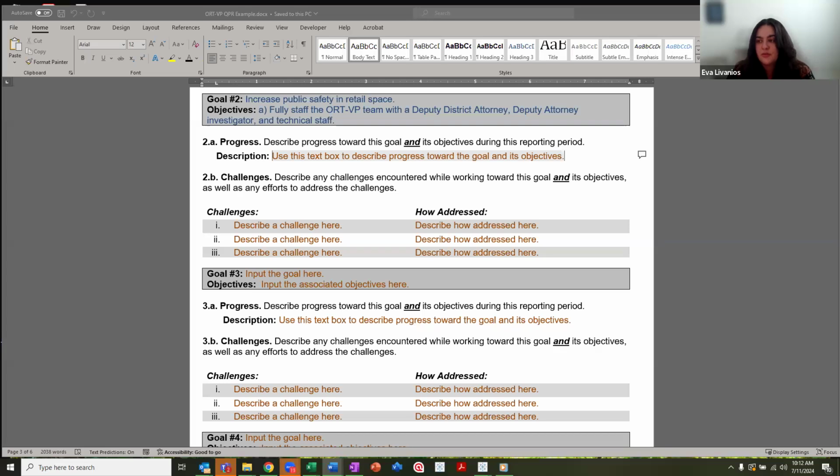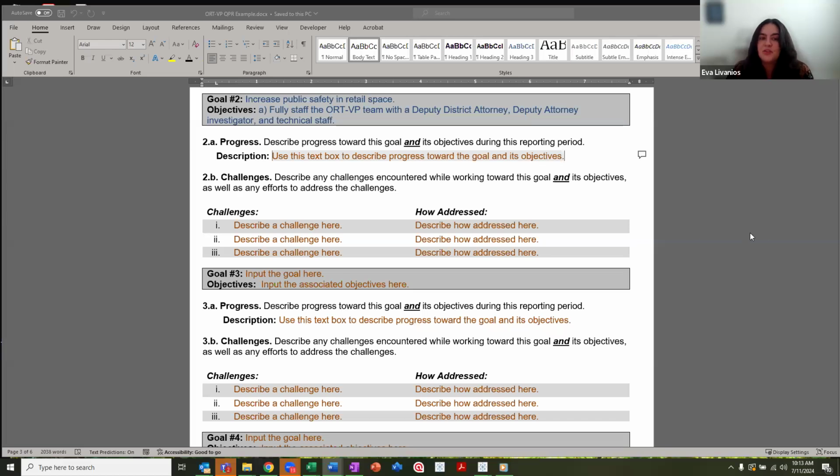There's no description provided, or challenges or how they were addressed. So again, if there hasn't been a whole lot of progress, that is okay too. But please just share that information with us. So that was just a simple example of the same sort of situation. We would expect everyone to have some sort of a challenge for each goal, typically.